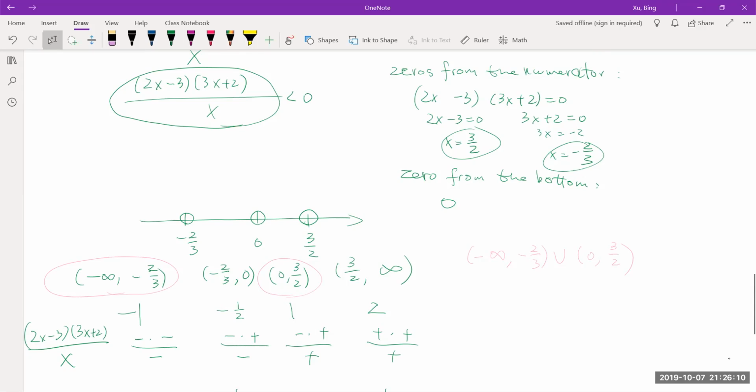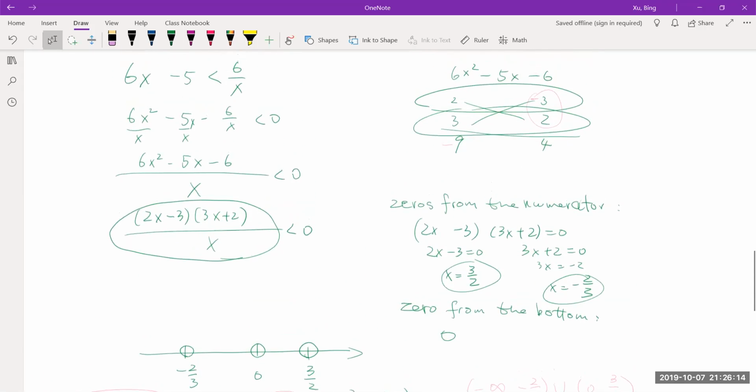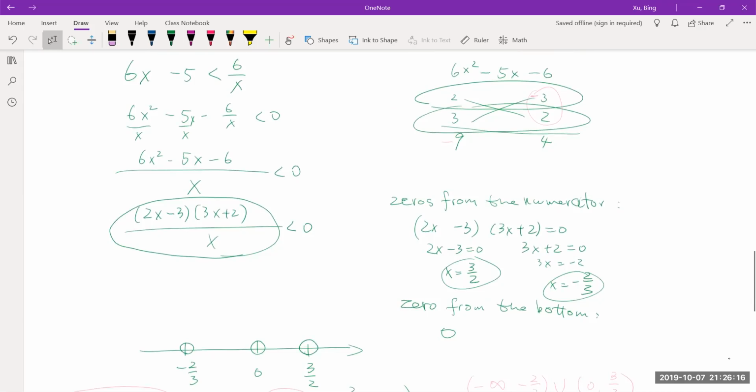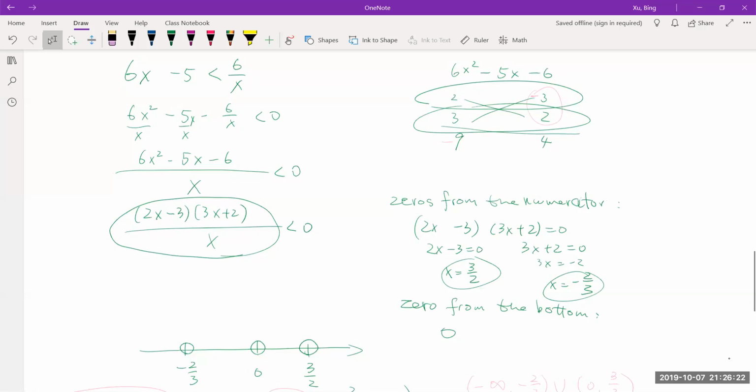Do you want me to go slower on how to use my method to factor? I was using negative 9 and 4. I had 4x minus 9 and negative 9x plus 4. Okay, so you're using this times that. I'm not familiar with that. I got the same numbers, but I just used the wrong ones for the equation.